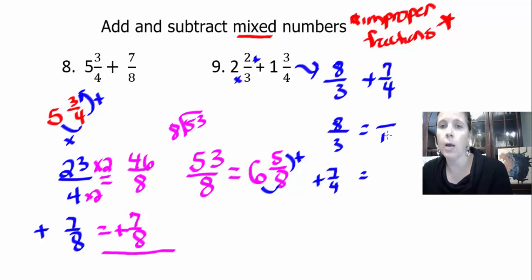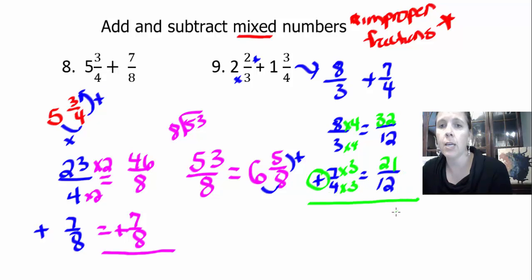It's going to be 12. You could use 24 if you wanted, but you're just going to have to reduce more at the end. So 3 times 4 gives me 12, 8 times 4 gives me 32, 4 times 3 is 12, 7 times 3 is 21. Are we adding? We're still adding. Sometimes you've got to look back.